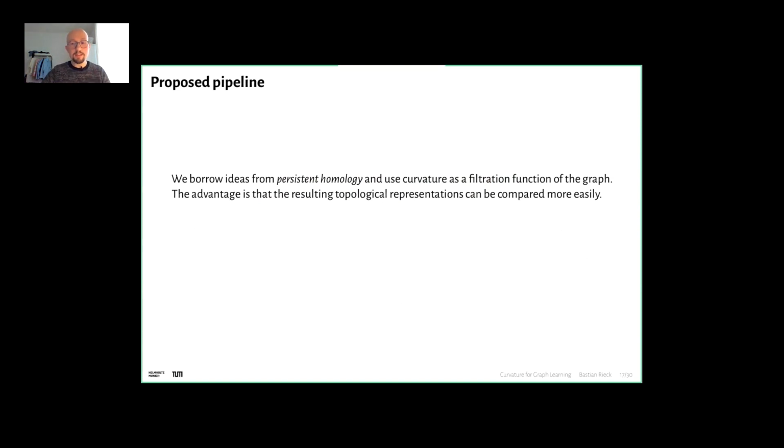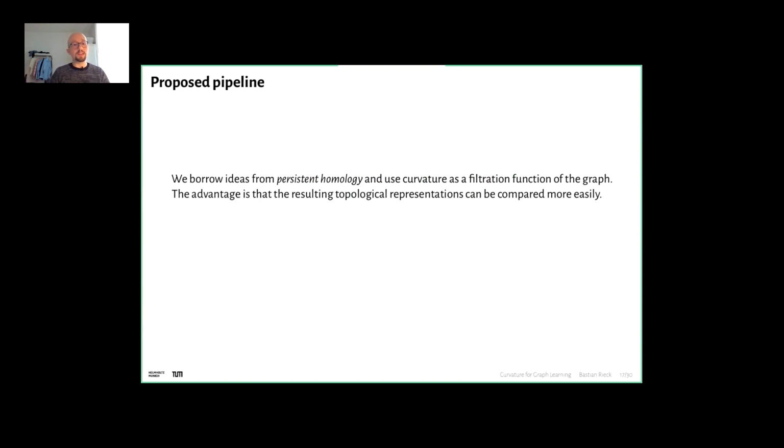And here, I apologize to those parts of the audience that are not super familiar with computational topology. I will do a very, very quick overview, but it might not be enough, but I'll try to at least illustrate some of the nicer properties. Namely, in our proposed pipeline for this graph comparison, we borrow ideas from persistent homology, and we use curvature as a filtration function on the graph.